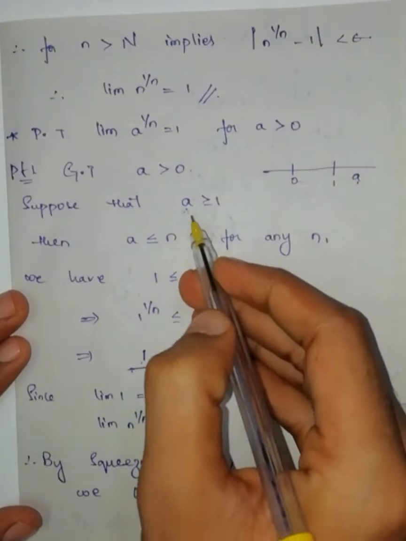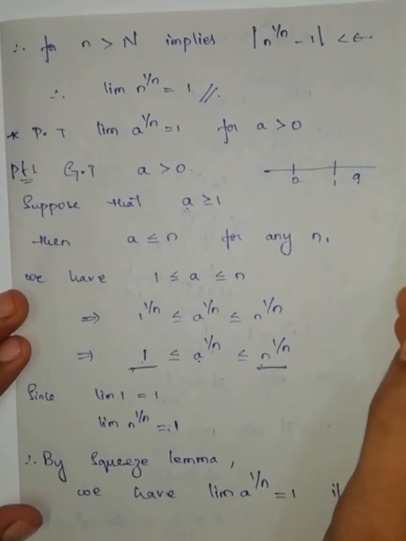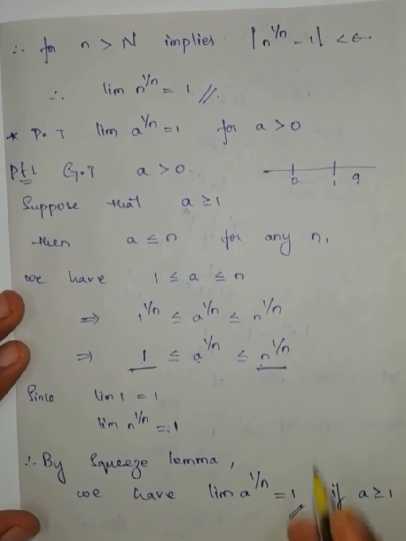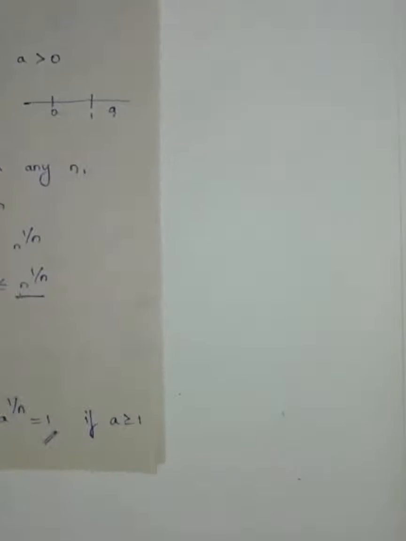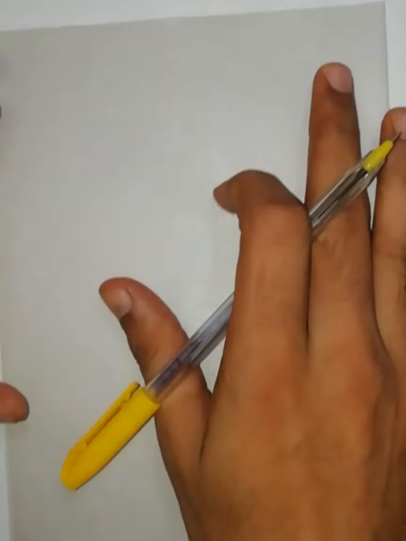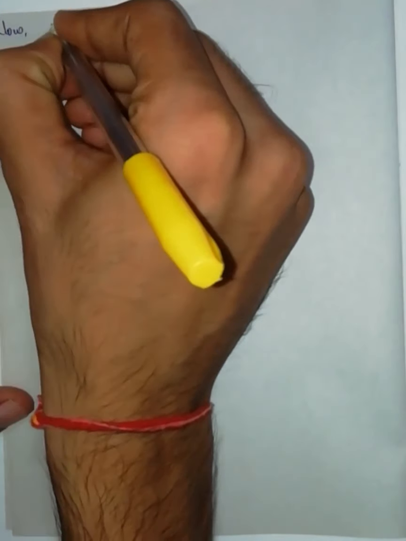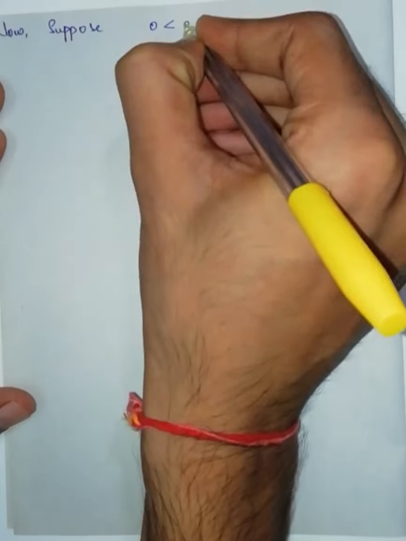In this case, what is that case? a is greater than or equal to 1. If a is any value greater than or equal to 1, then limit of a to the power of 1 by n is 1. Now the second case. Now suppose 0 is less than a is less than 1.